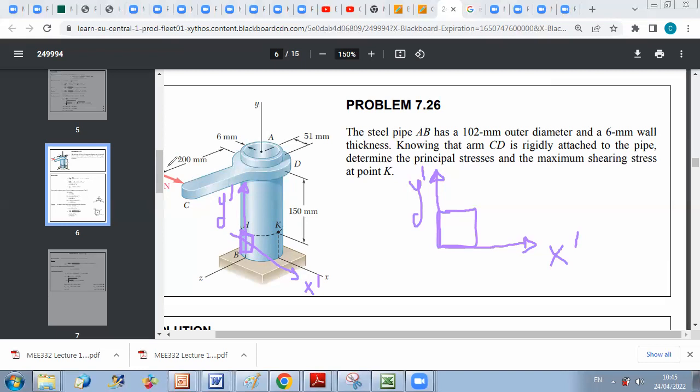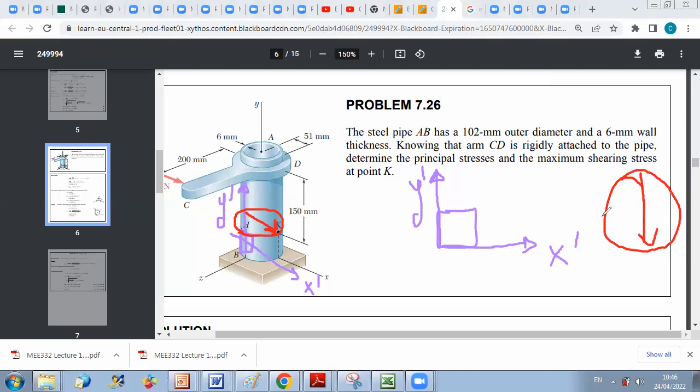First, I know that this force will lead, in this section here, to effects we have already determined on this section. The first effect is the shear, the shear force V. So now if I plot my cross section here, I have this cross section and I have shear acting on it.